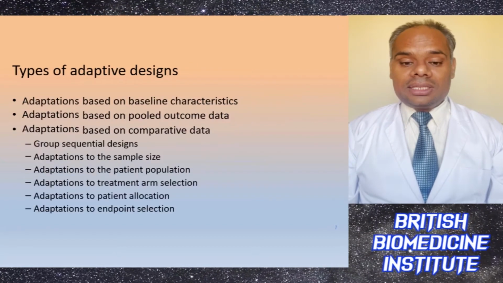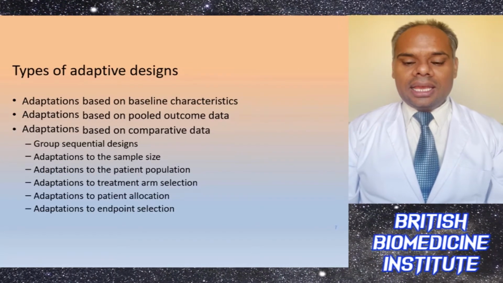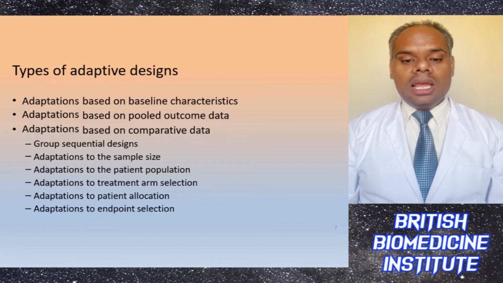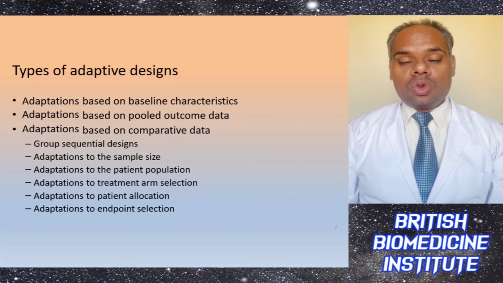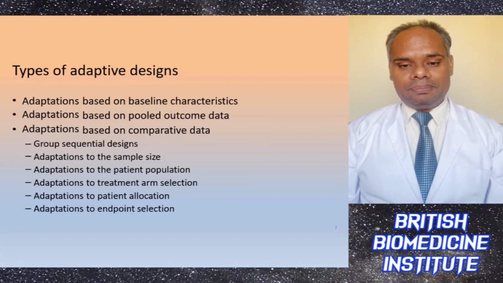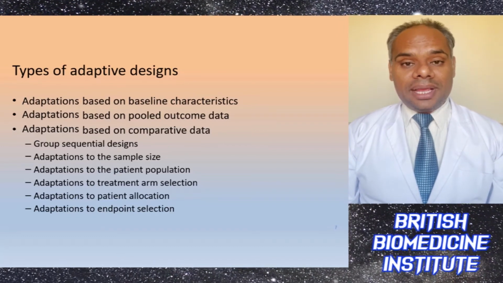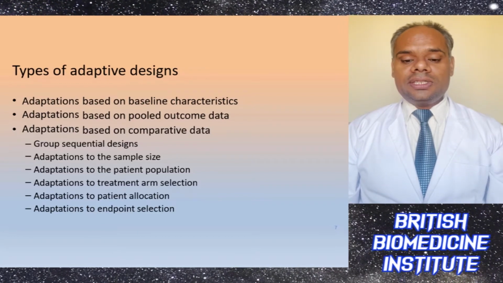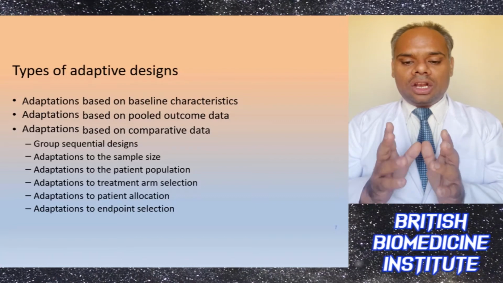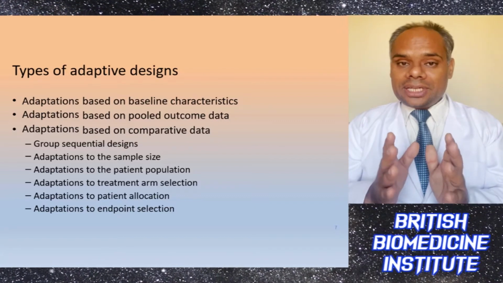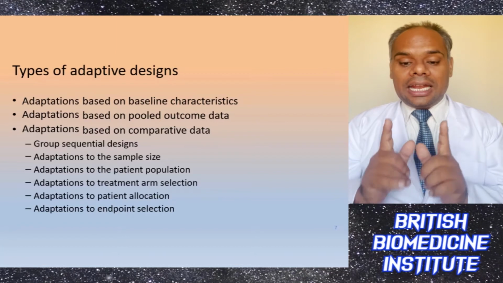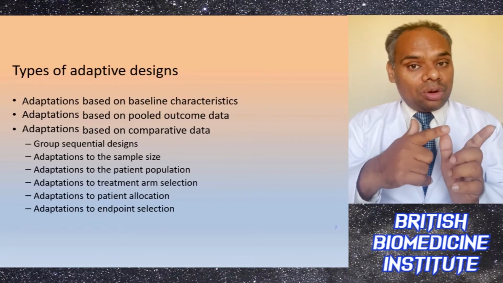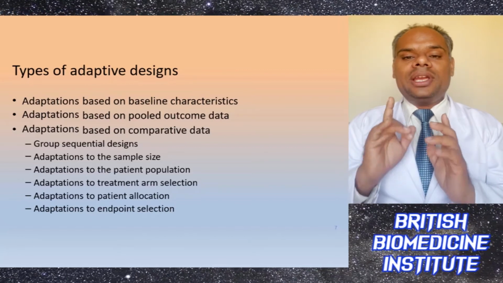And there are various types of adaptive designs, like adaptations based on baseline characteristics, adaptations based on pooled outcome data, adaptations based on comparative data like group sequential design, adaptation to the sample size, adaptation to subject population, adaptation to treatment arm selection, adaptation to patient allocation, and adaptation to the endpoint selection.